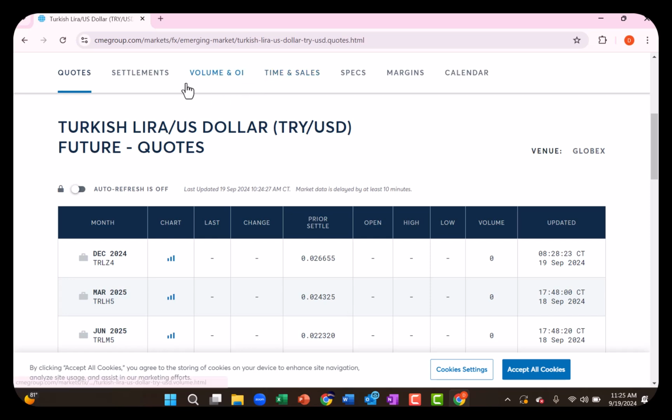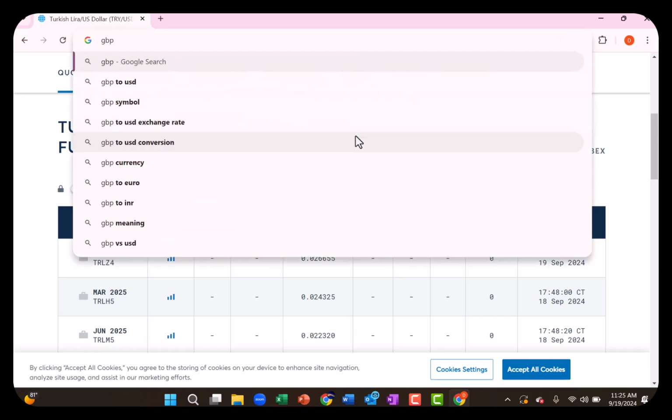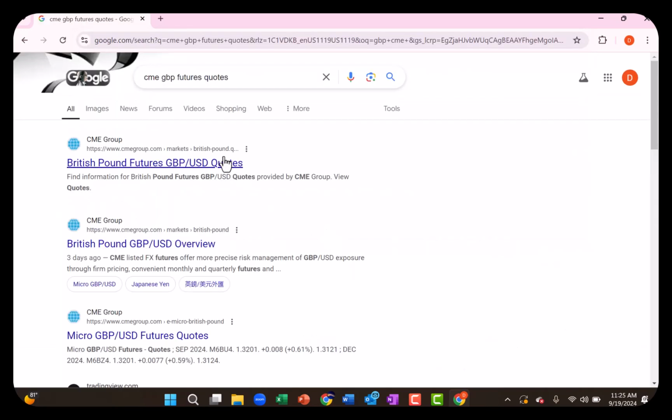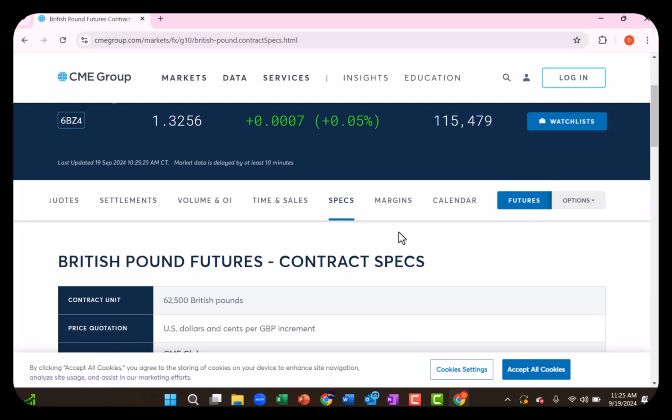Let's go back to GBP futures. I picked that because it has a weird contract size. It's a holdover from the old days. Specs, come on.